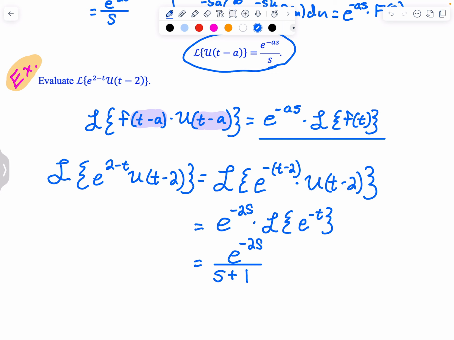Okay, one more example for this video. All right, we have the Laplace of 3t plus 1 and the Heaviside of t minus 1. I'm going to go ahead and write the formula that we came up with, and the theorem really.